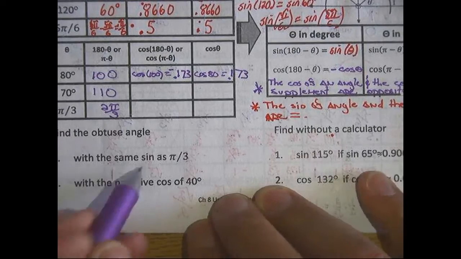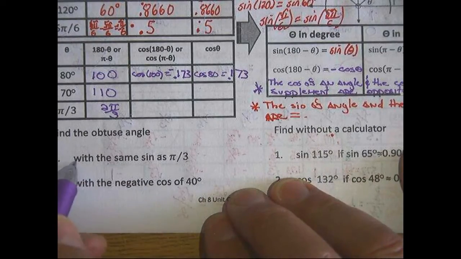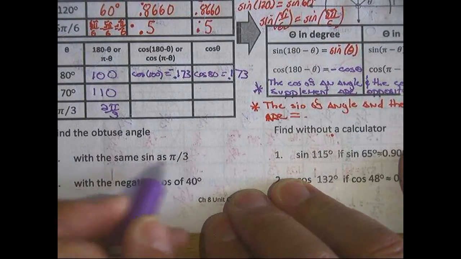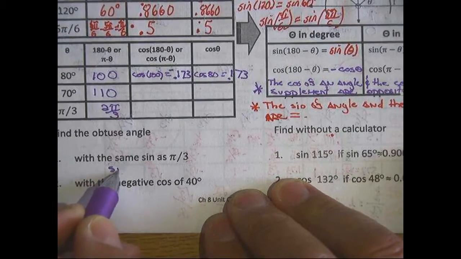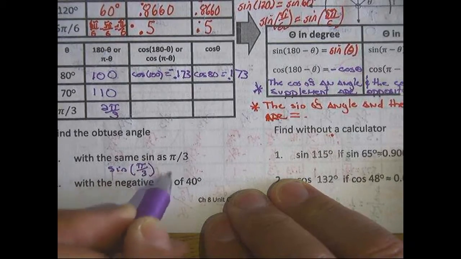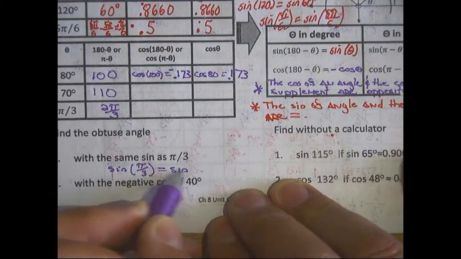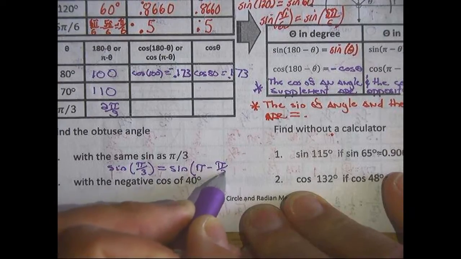Yeah, its supplement. So the sine of pi over 3 is equal to the sine of pi minus pi over 3.